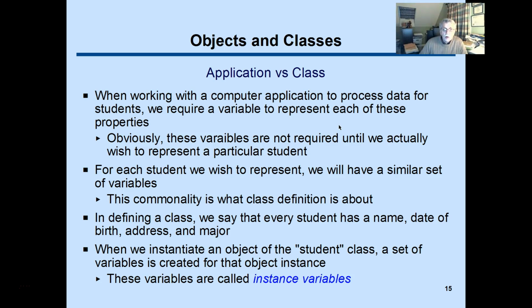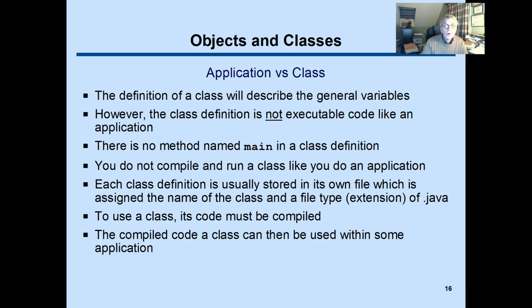And that's where the reference variables come in. But as we note down here, it's the commonality that defines what the class definition or declaration is all about. And then we're going to actually create instances of the object, and within that we'll have variables or members or fields for each object that's instantiated.